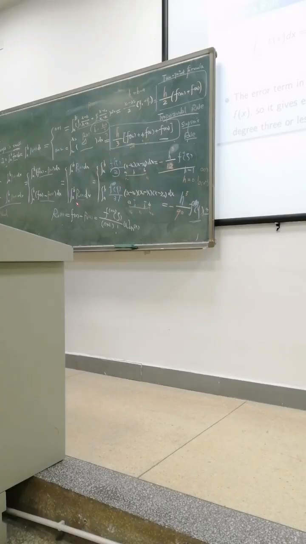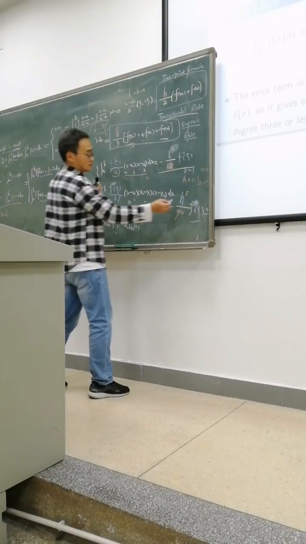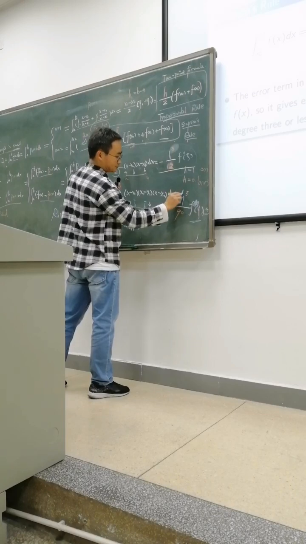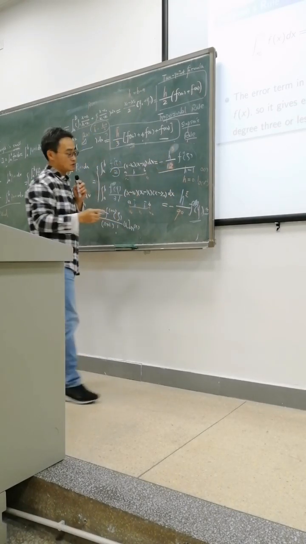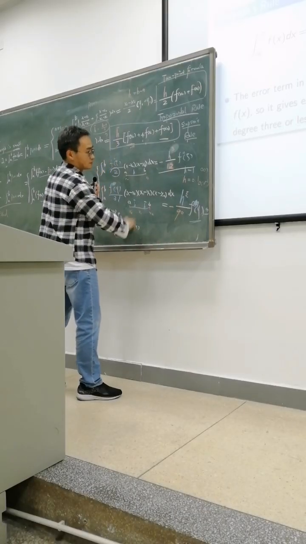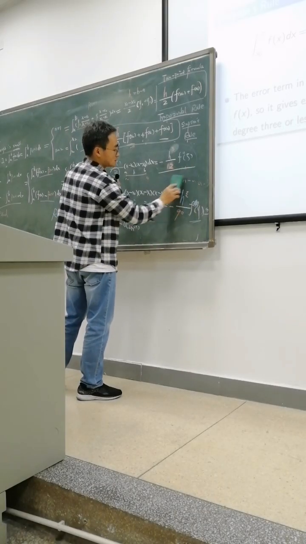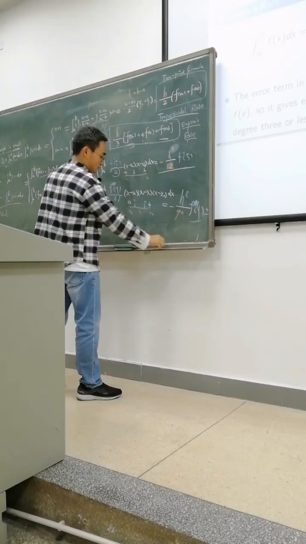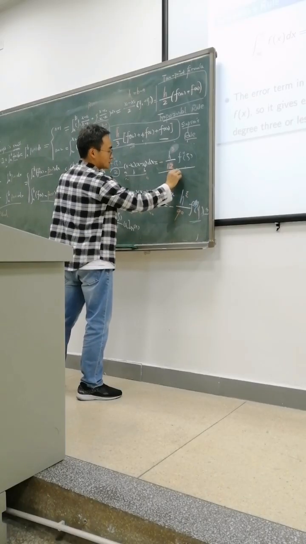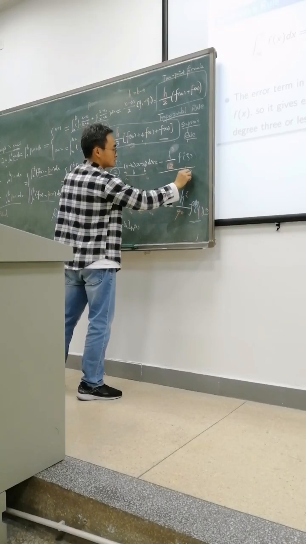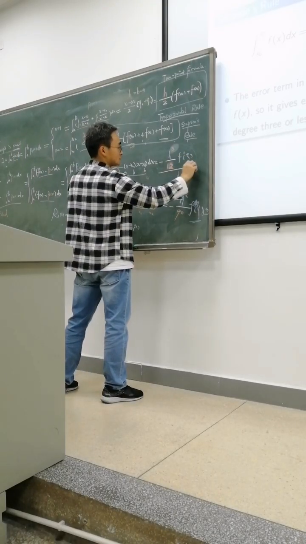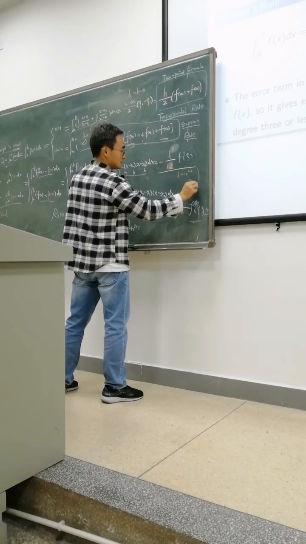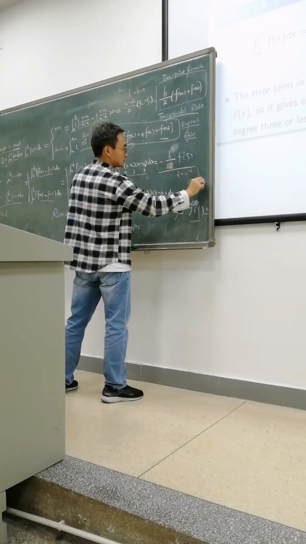So if we apply the trapezoid rule here, h has the power 3, and here it is 5. If at the same time we take the size h equal to 1 minus 2, this value has the length minus 6.